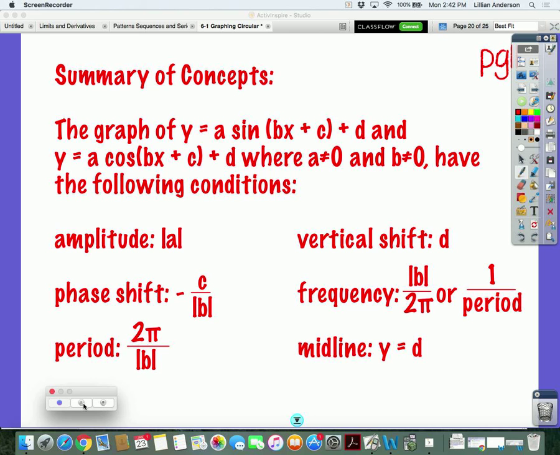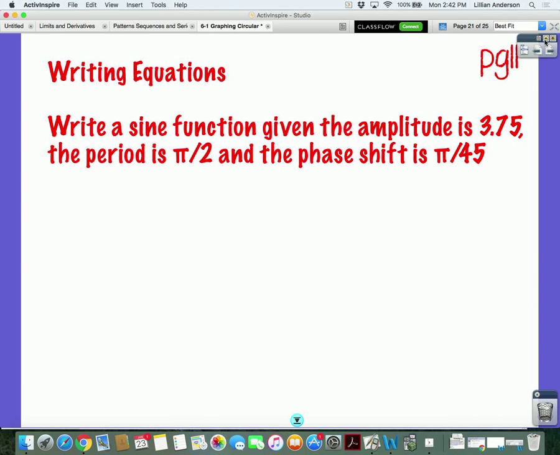We're going to start off with 3 examples that are like the word examples, okay? We are going to write a sine function given that the amplitude is 3.75, the period is pi over 2, and the phase shift is pi over 4.